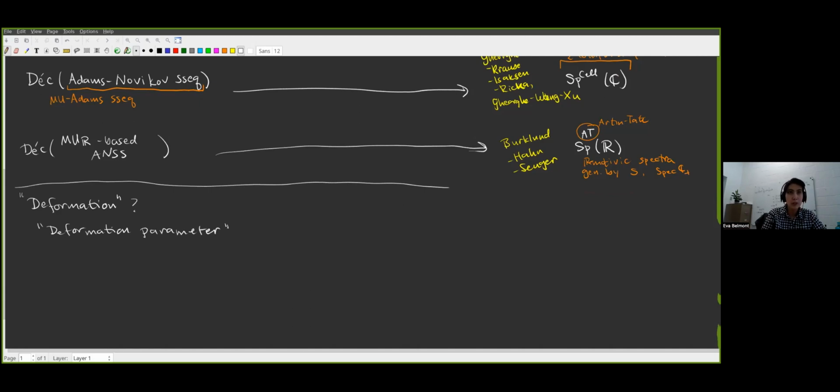The deformation parameter comes from the shift map. People familiar with motivic homotopy theory will remember that there's a class called tau. In general, in these synthetic categories, if I have Y as some kind of synthetic object, then I've got a shift map that just comes from the fact that a filtered object has a shift map.